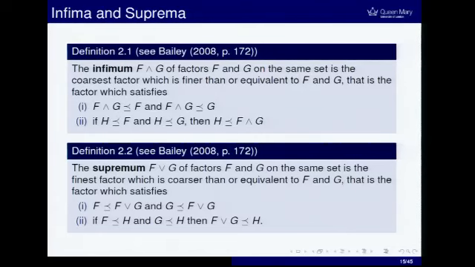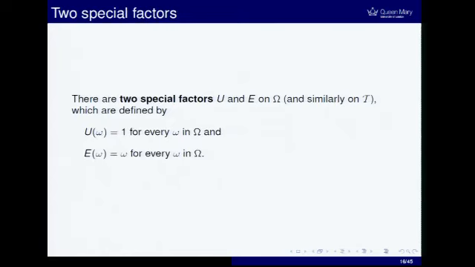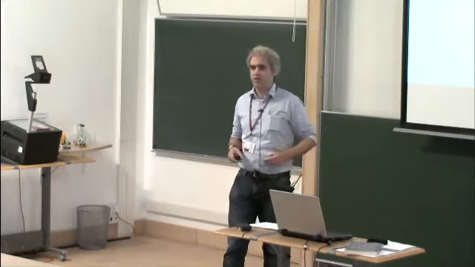And these symbols here are important to bear in mind because we will look at them throughout. So that's the infimum, that's the supremum. For reasons we will see later, there are also two particular factors singled out, and they exist both on the set of observational units omega and on the set of treatments.